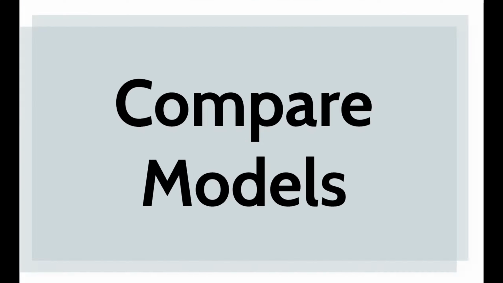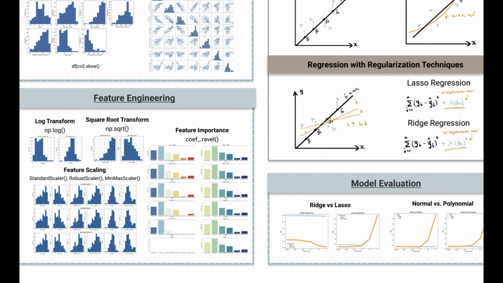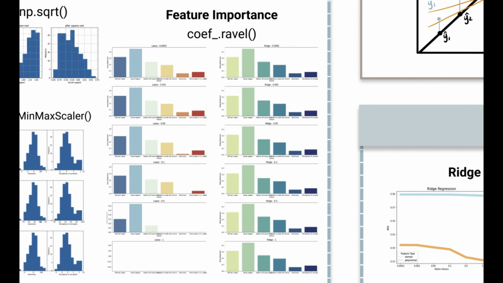The second step is to experiment with how different lambda values, which is alpha in the scikit-learn library, affect the models. Specifically, how feature importance and coefficient values change as the alpha value increases from 0.0001 to 1. Based on coefficient values generated from both lasso and ridge models, GDP per capita, social support, and healthy life expectancy appear to be the top three highest importance features.